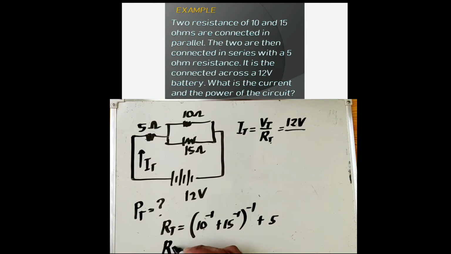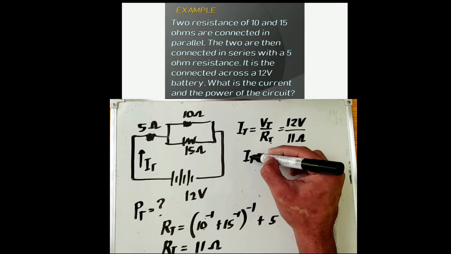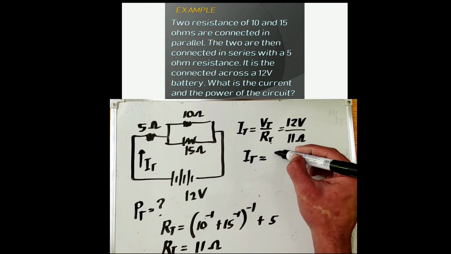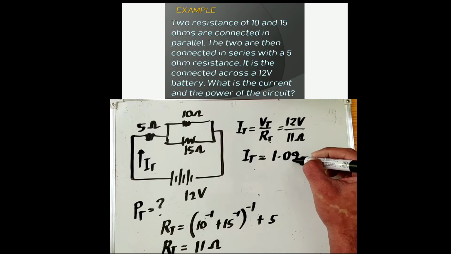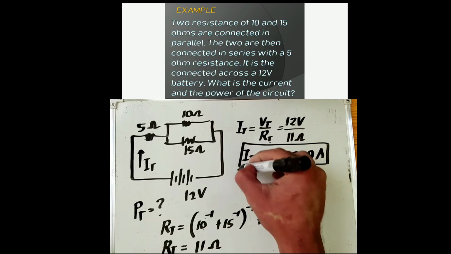So, R total is equal to 11 ohms upon using a calculator. So, putting 11 ohms here, we arrive at the value of the current, which is equal to 1.0909 amperes. So, this will be our current.